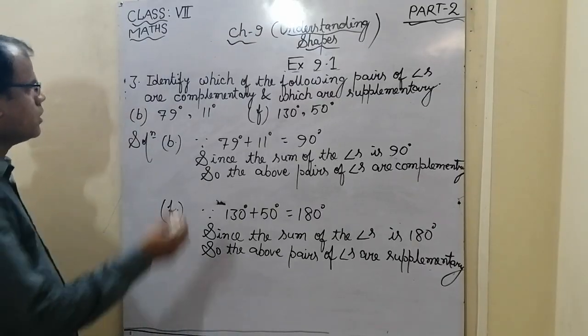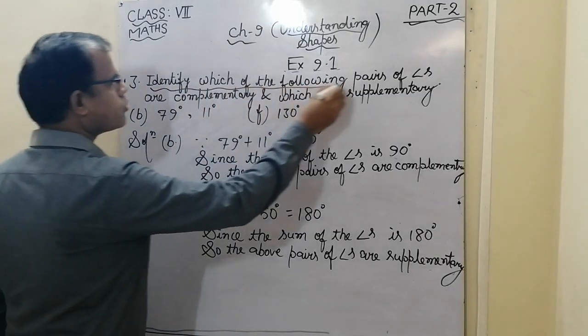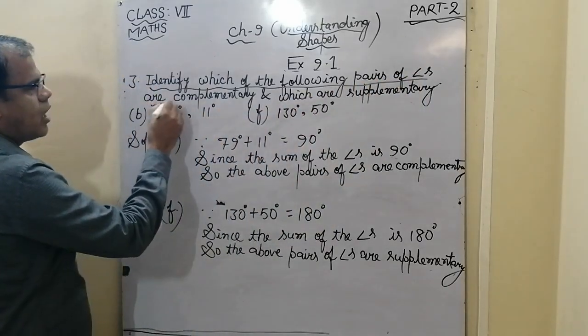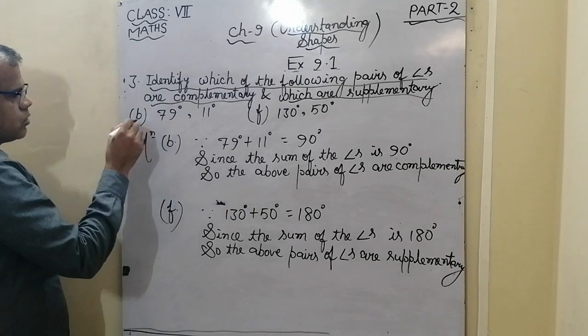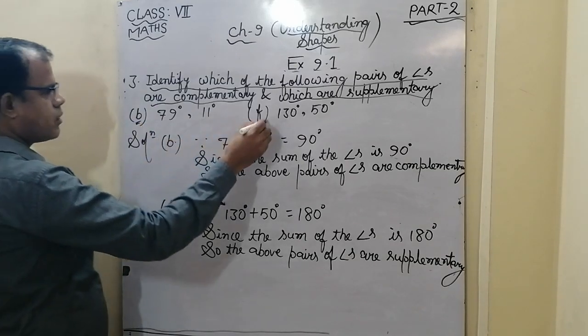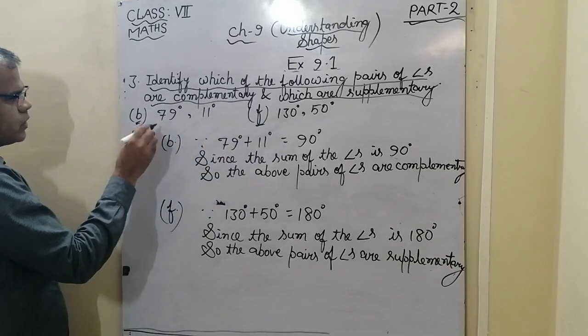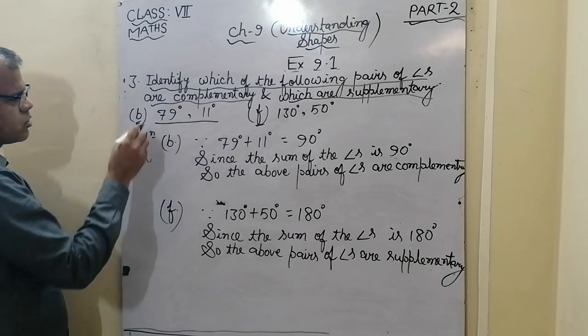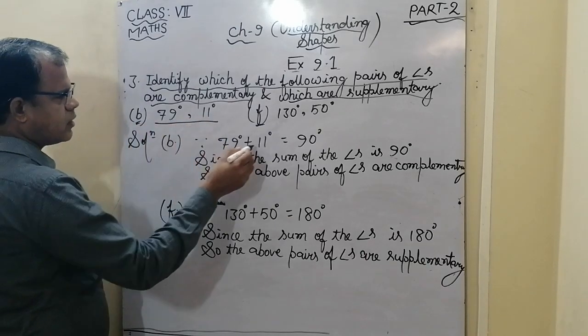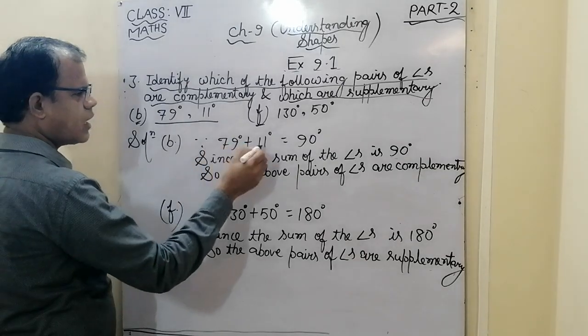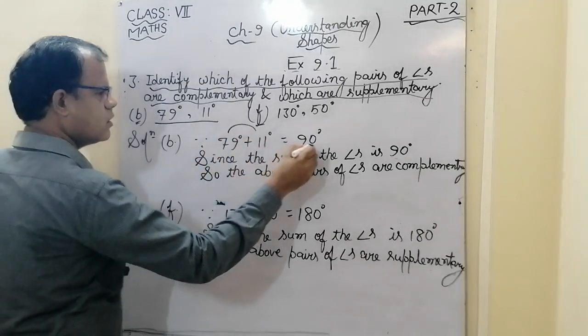Yes students, next, identify which of the following pairs of angles are complementary and which are supplementary. So this is B part and this is F part. Here we have to solve B part first. So look here, 79 and 11. Sum of 79 plus 11 becomes 90 degree.